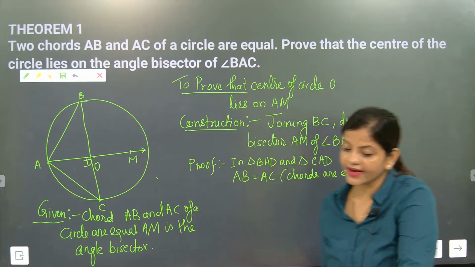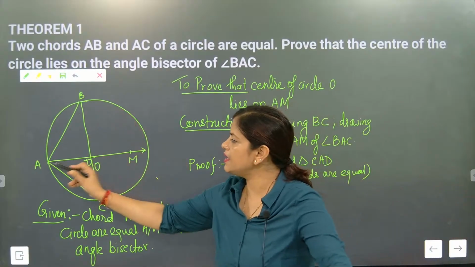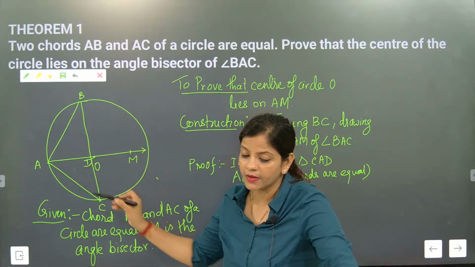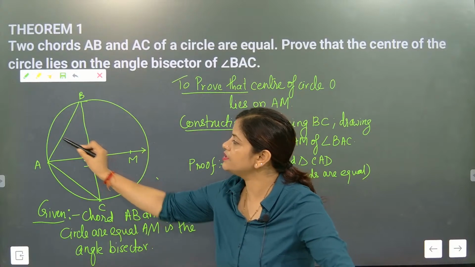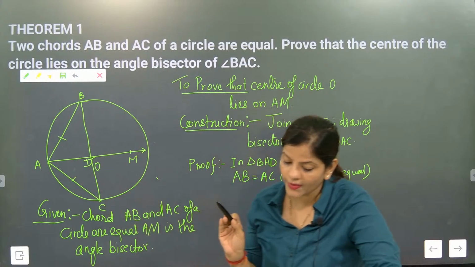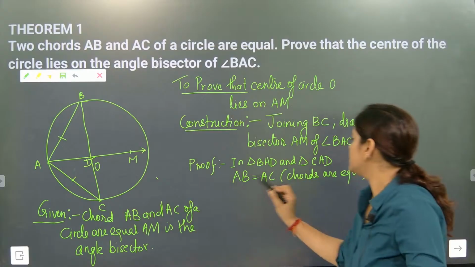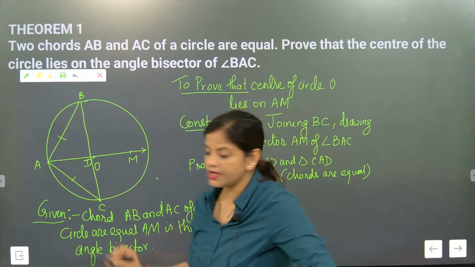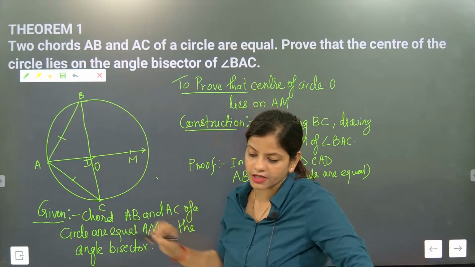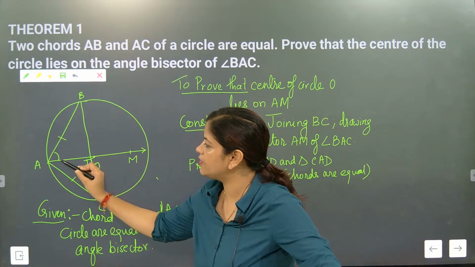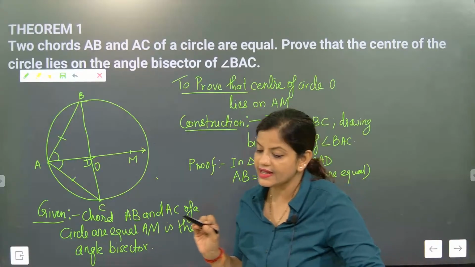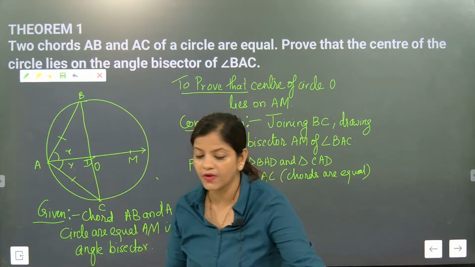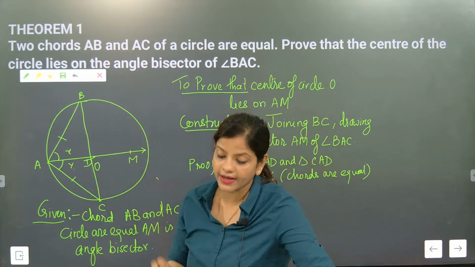Now what we will write beta? Angle BAD equals angle CAD, because AM is the angle bisector now. So first we wrote AB equals AC, already given in the question. Second point, this is the angle bisector, so this half angle will be equal to this half angle, x equal to y, because AM is the angle bisector.